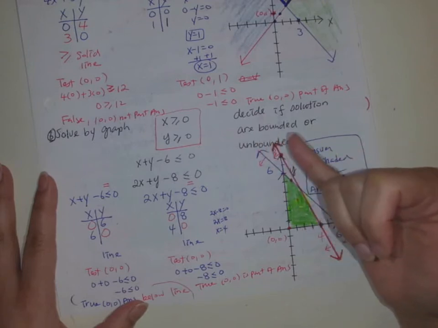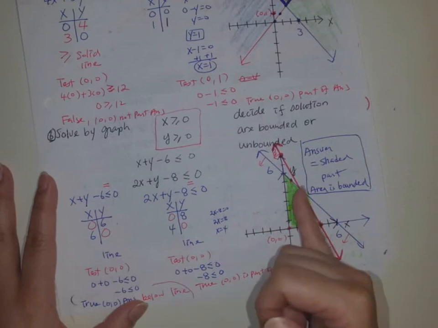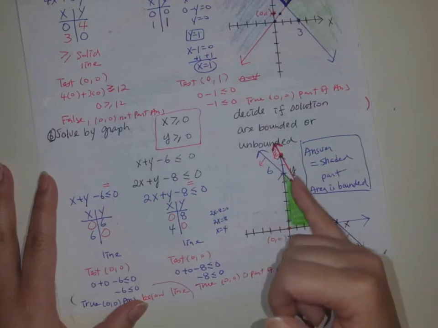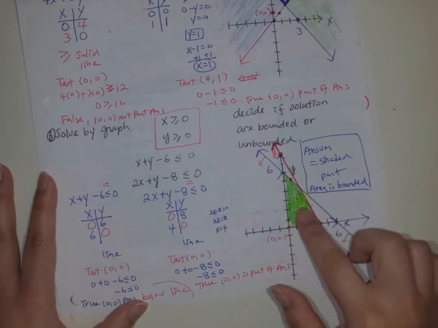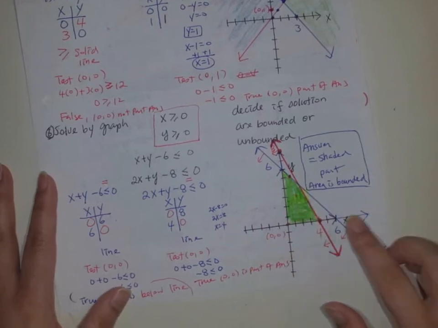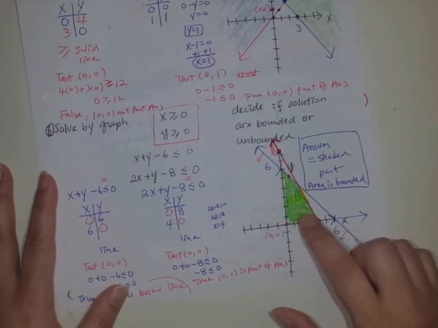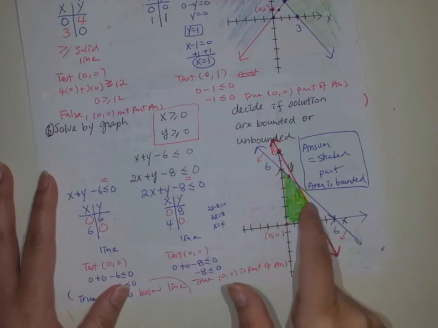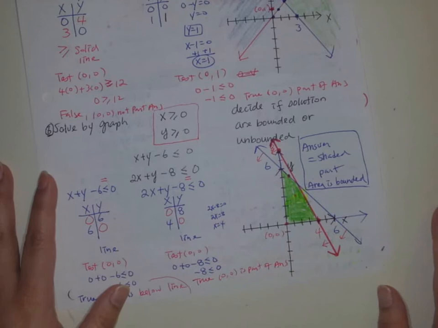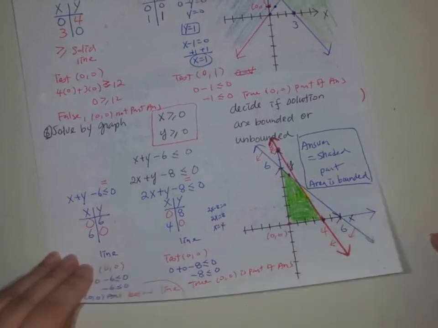Okay, and then the second one is this one also. 0, 0 is part of the answer, and we need to make sure x and y are greater than 0, so this is the overlapping shaded part, that's my answer. And this particular one is a bounded shaded area, so that's your answer for that.